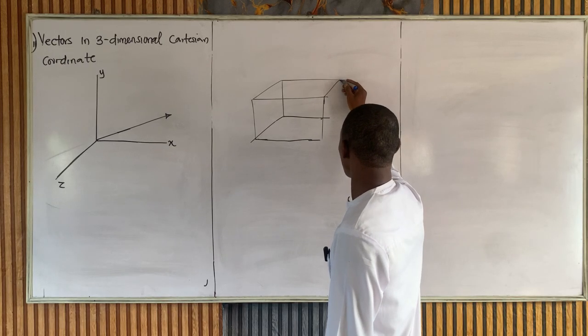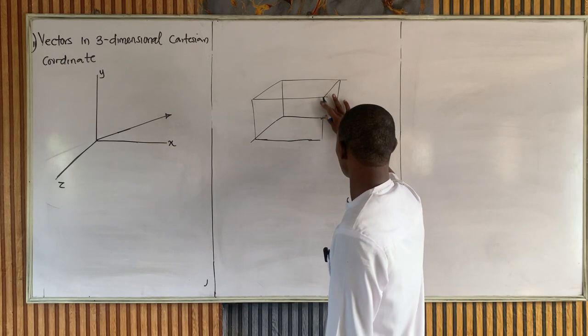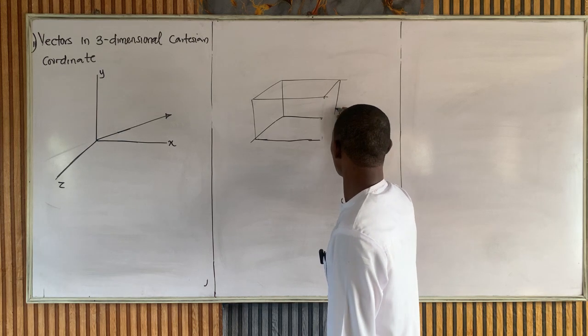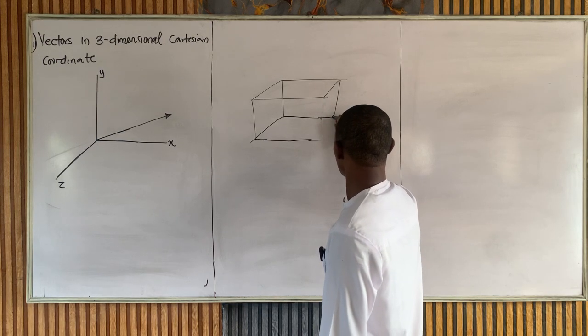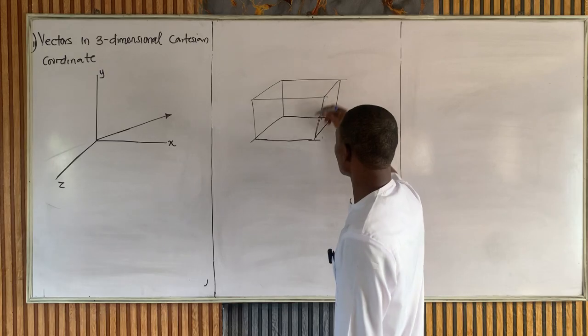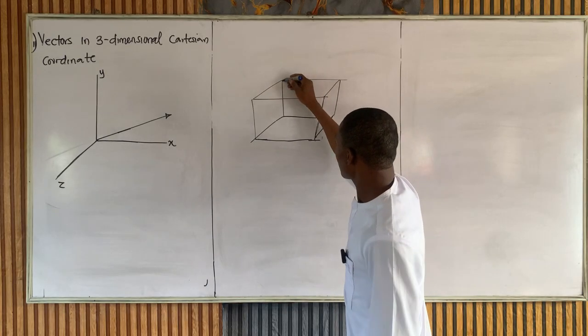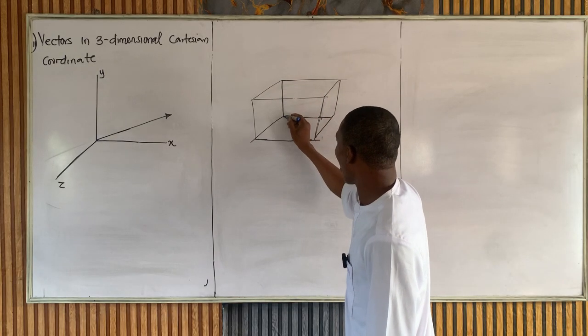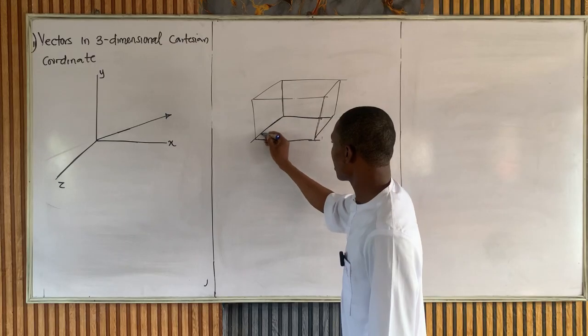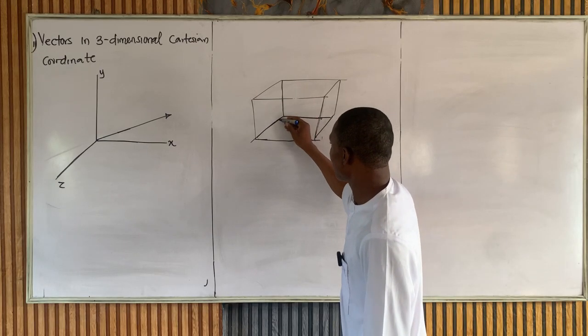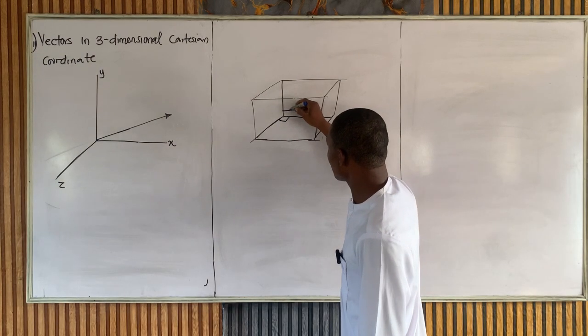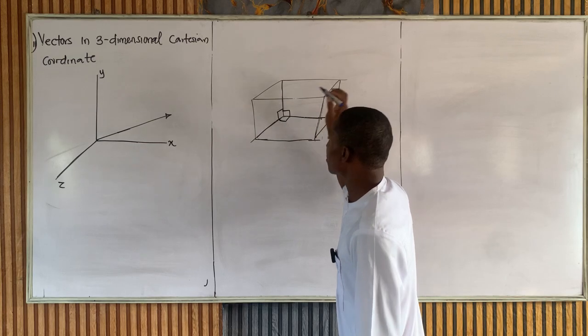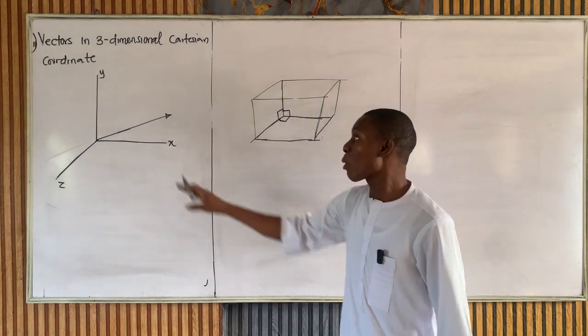Don't mind my diagram though. My point is, looking at this is like your Y, your X, and your Z. Each of those planes here make 90 degrees. This and this make 90 degrees, and this makes 90 degrees as well.